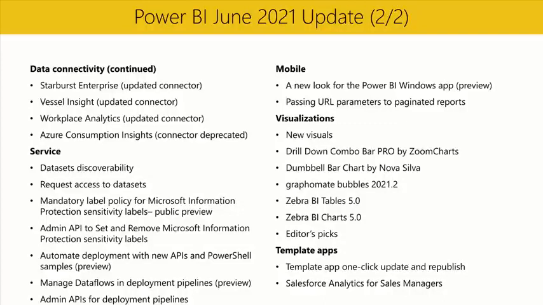The mandatory label policy can be configured in the Microsoft 365 Compliance Center as part of a label policy published to users and is separate from the policies for Office files and emails. We are also introducing new Power BI admin APIs to set and remove sensitivity labels in Power BI.